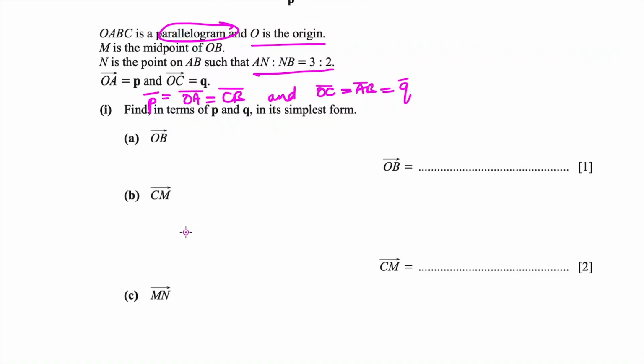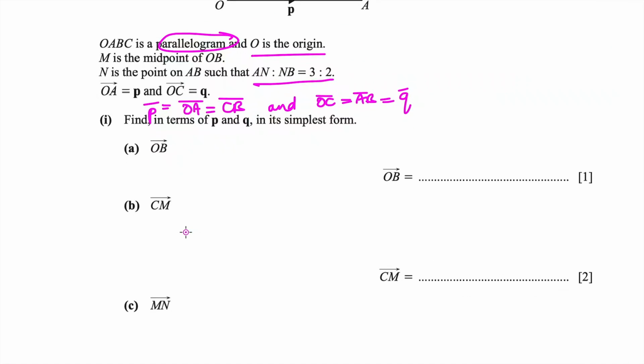So OB bar, from the picture we can see, like I know that the picture is not available, but still OB bar is equal to OA bar plus AB bar, and we know OA bar is equal to P bar and AB bar is equal to Q bar. So OB bar is nothing but P bar plus Q bar.